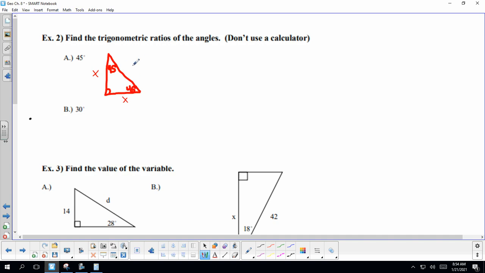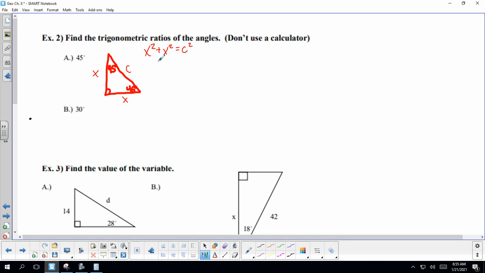Okay. And then it says don't use a calculator, so we are not going to use a calculator. Watch the magic that happens here. We're going to use the Pythagorean Theorem. So we get x squared plus x squared equals c squared. We need to find our missing side so we can put together the ratios. We did this in the previous section, so I'll do it one more time so you can see.